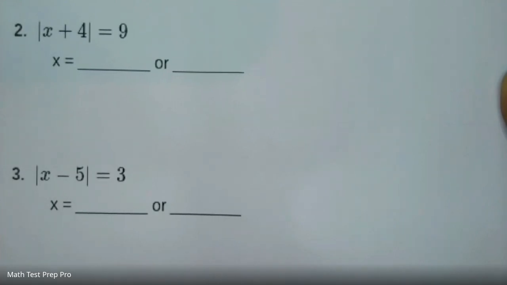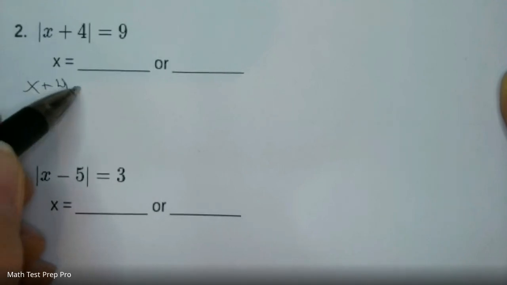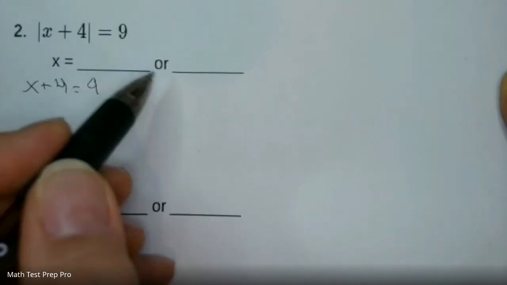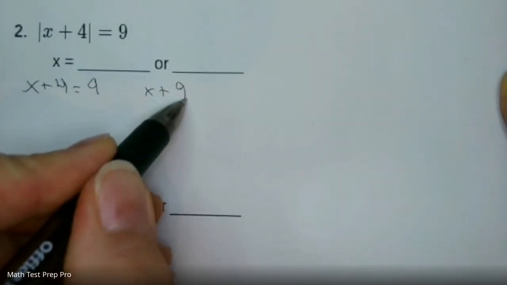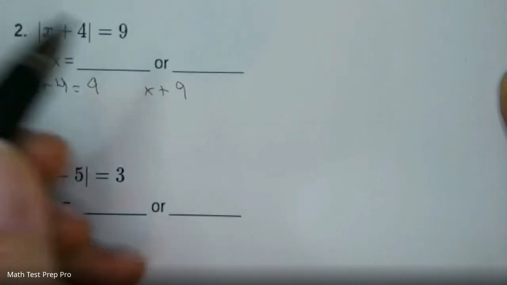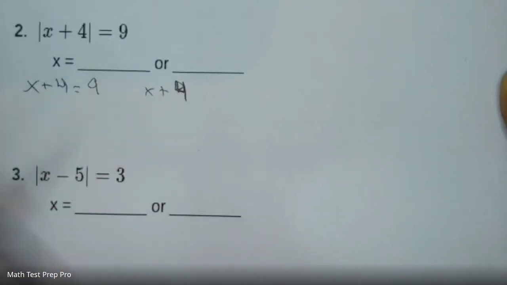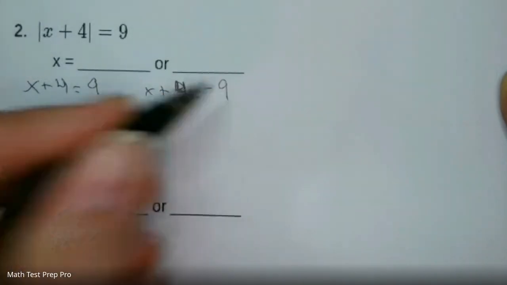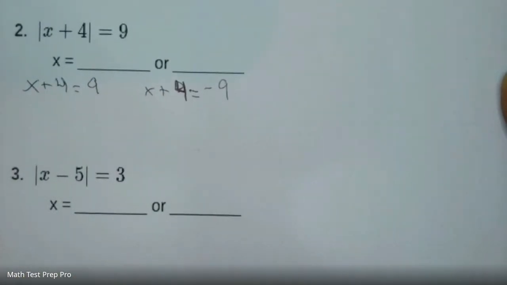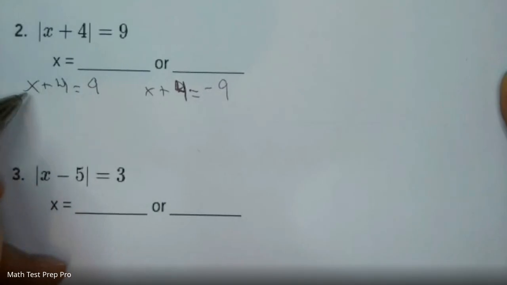So x plus 4 equals 9. That's the first equation. The other equation is x plus 4 equals negative 9. Sorry about that, guys. I'm going to work on the left equation first, x plus 4 equals 9.